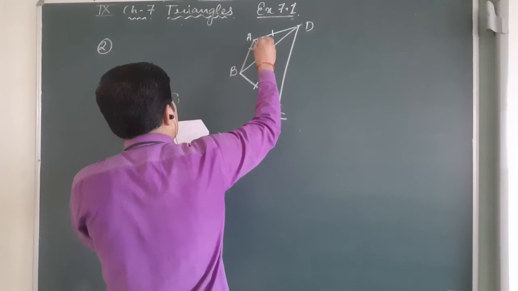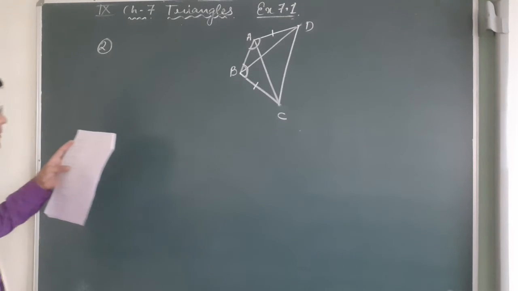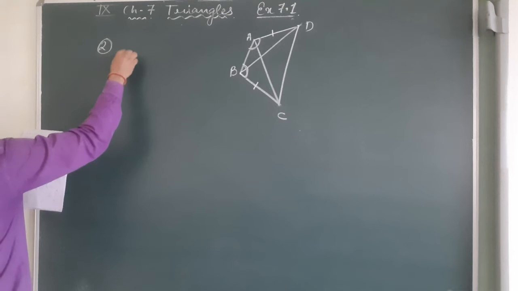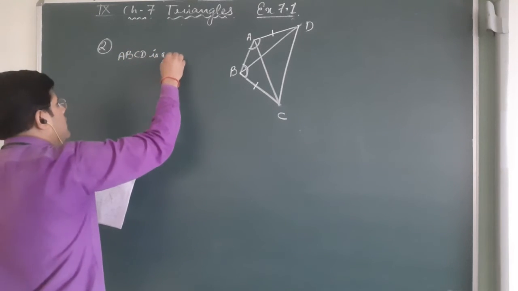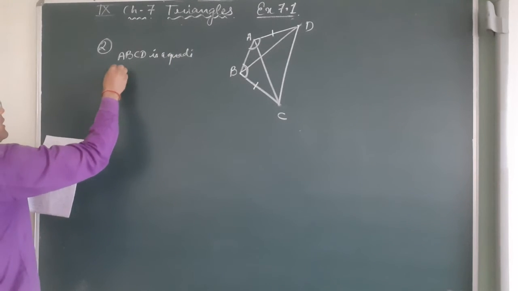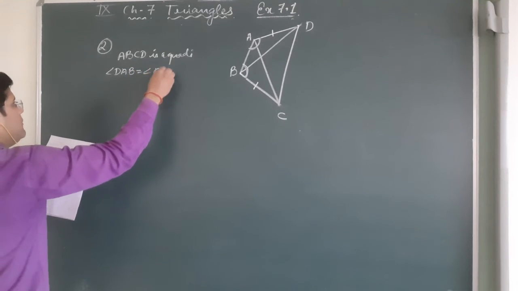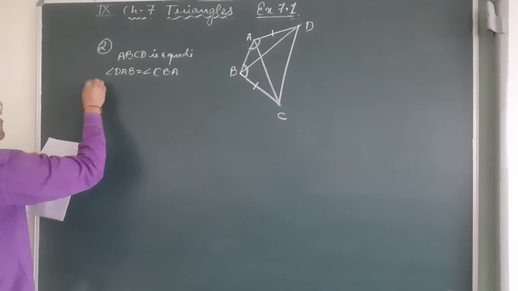Whole angle A equal to angle B. And the third part is not given, but we can manage it. ABCD is a quadrilateral. It is given. After that we can write angle DAB equal to angle CBA. It is also given.